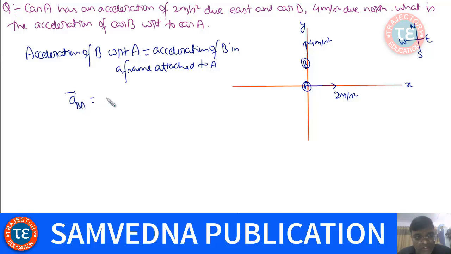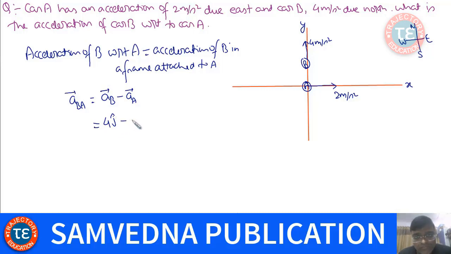As you have done for relative velocity, you will do a similar thing for acceleration also: a_B minus a_A. So a_B we'll write in vector form.